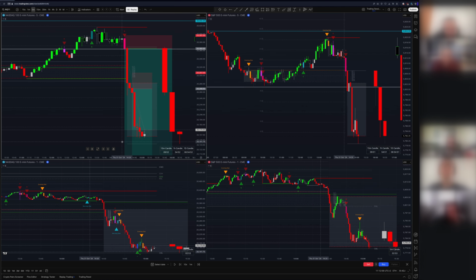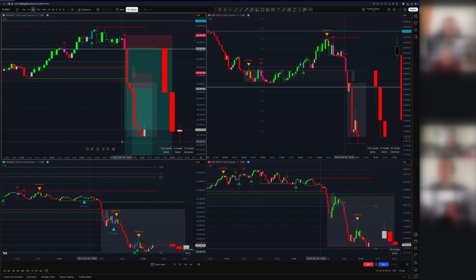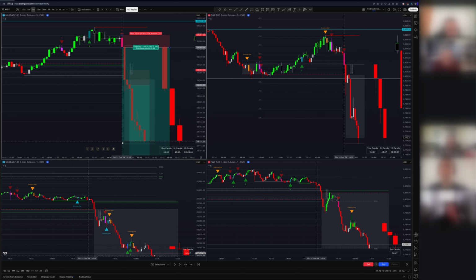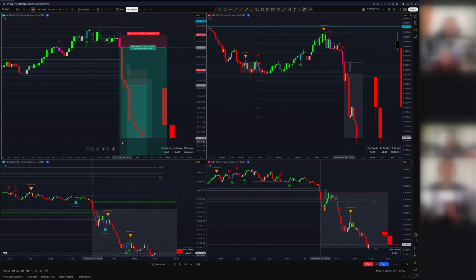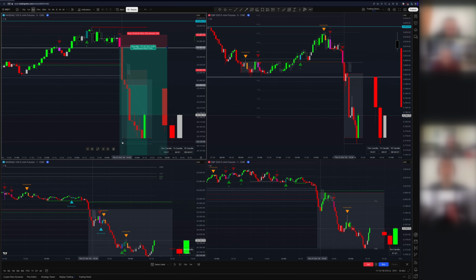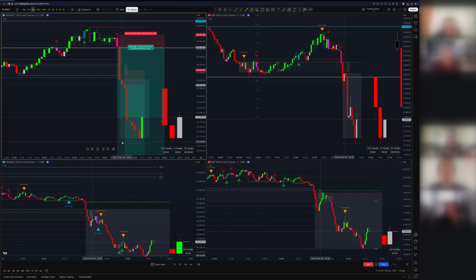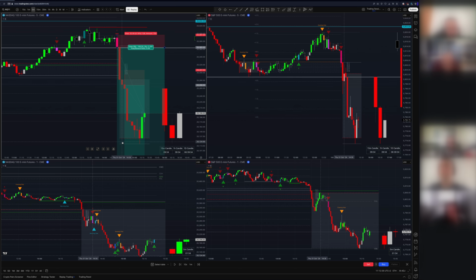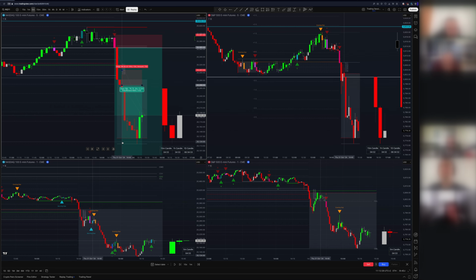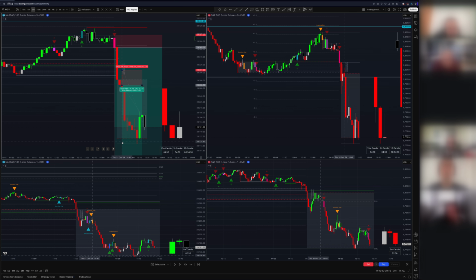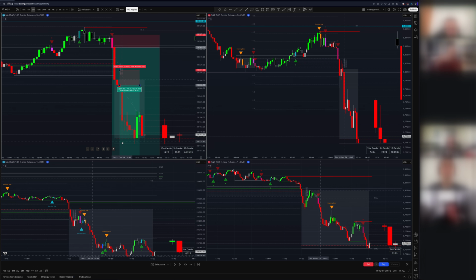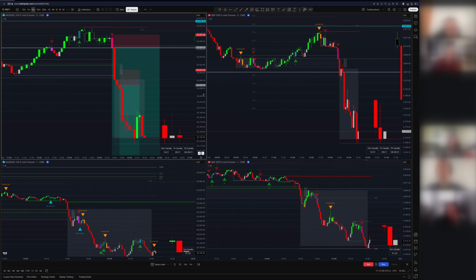Trend continuation on the 1 minute chart, maybe. Nice pullback. How far is our target?